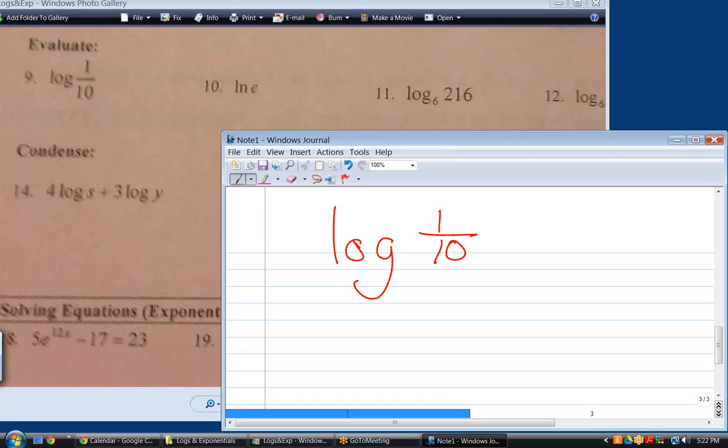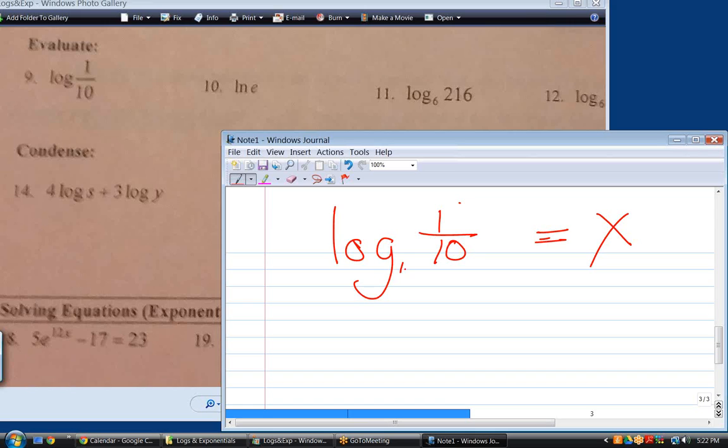Okay, it's implied because there's none written. In other words, if you see log with no base written, it's implied that it's 10. So how am I going to figure out what this is? Well, first of all, let's let it equal something. Some unknown. Since we don't know what it is yet, we'll let it equal x.